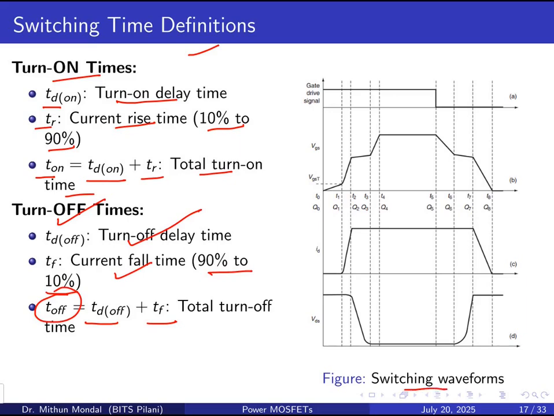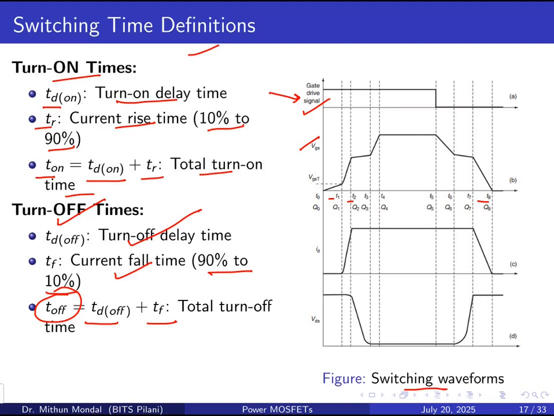The switching waveform is given here where the gate drive signal is shown and the gate source voltage, which is given at different time instants from T0, T1, T2 to T8. These time instants are divided because the waveform of the gate to source voltage has different magnitudes at the different time instants.